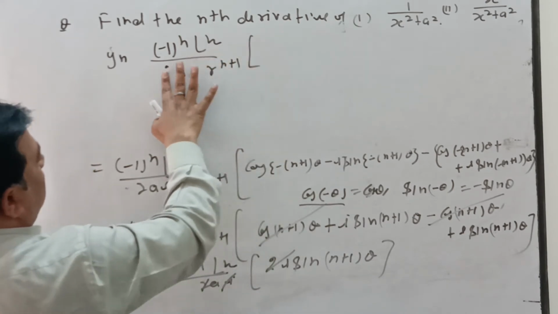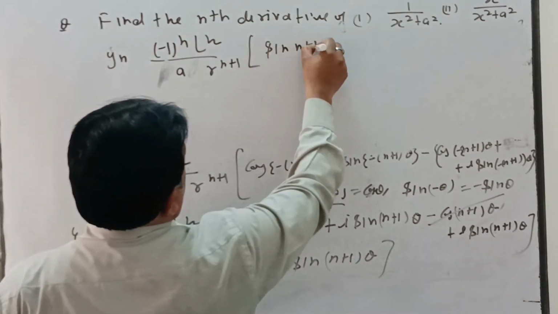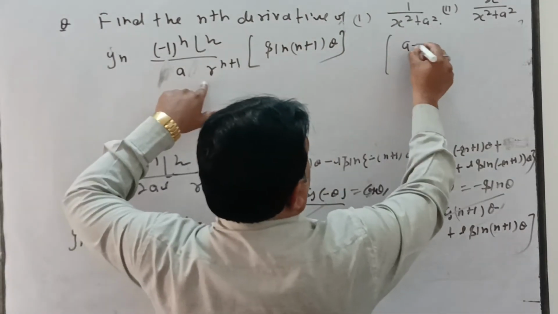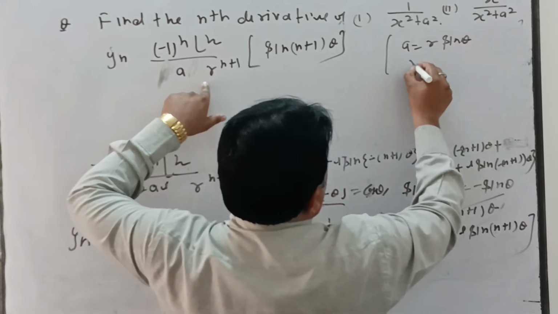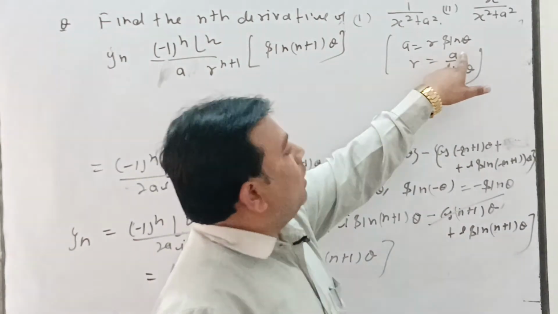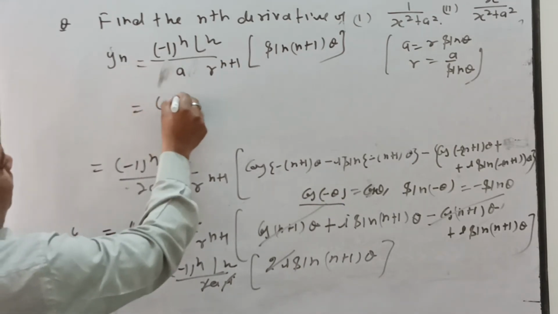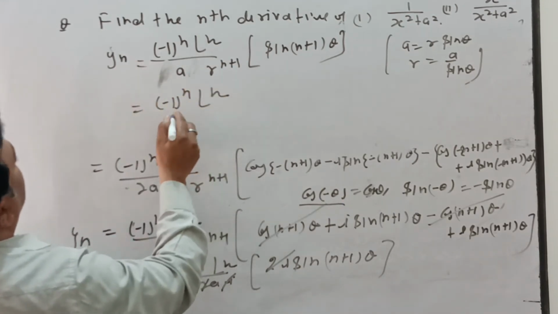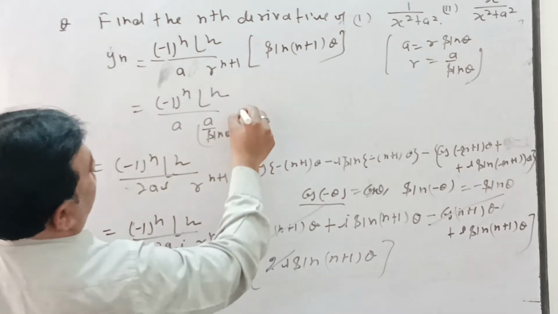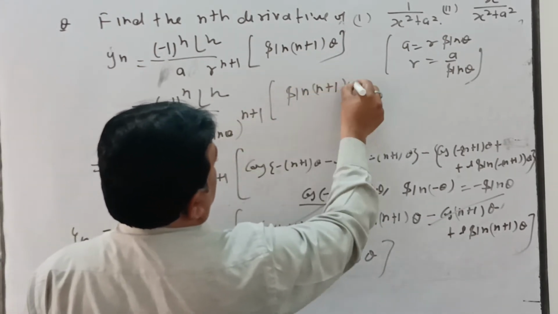Sorry, 2ai cancels out, a r to the power n+1 sin (n+1)θ. We find the value of r: a equals r sin θ, then r equals a upon sin θ. We put the value of r, a upon sin θ, in place of r. So (-1)^n n! over a, with r being a upon sin θ, to the power n+1, and sin (n+1)θ.